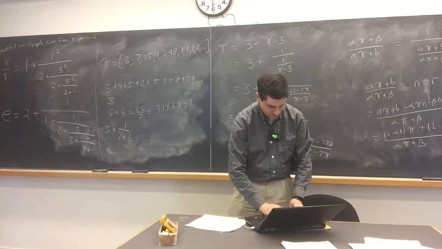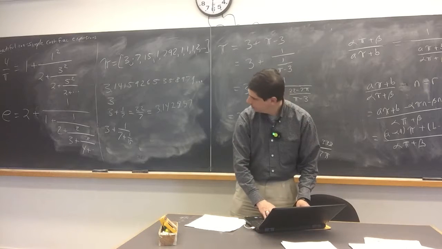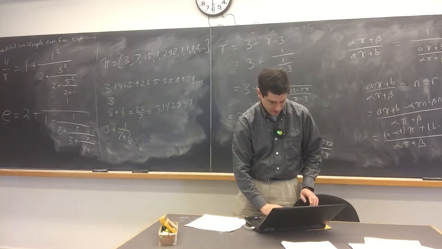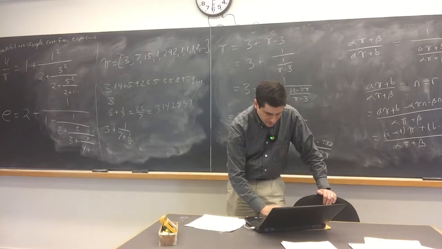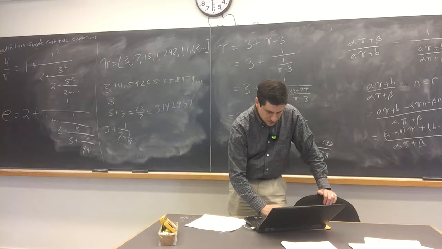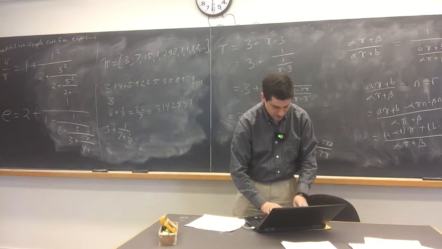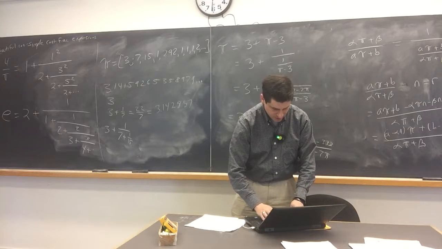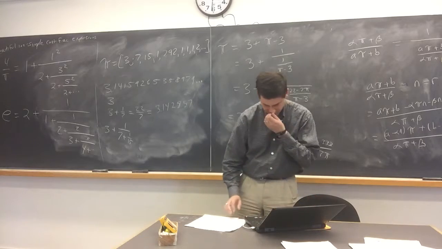So if I do from continued fraction of 3, 7. That's cool. I think it's on the board already, right? All right.